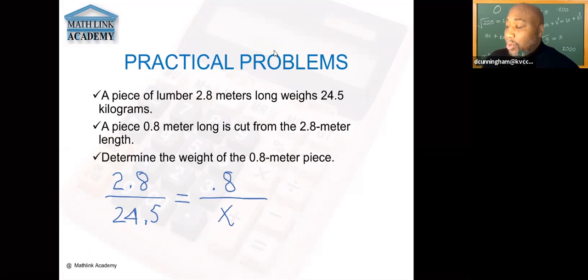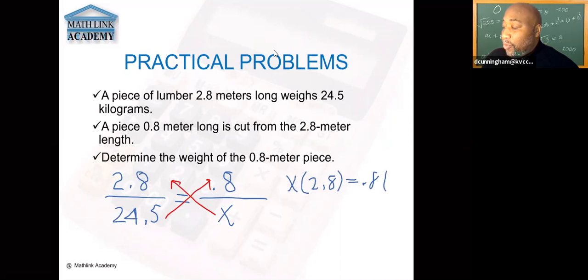In this case, we cross multiply, and what we have here is X times 2.8 is equal to 0.8 times 24.5. And that 24.5 looks really bad, but that's what it says. So let me rewrite it again.